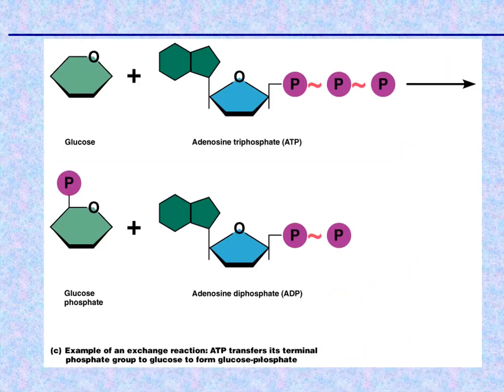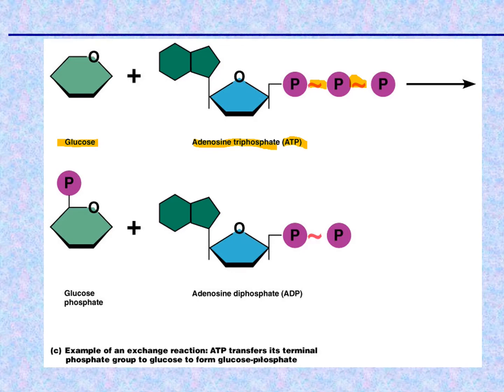Here you see another type of reaction, an example of an exchange reaction. In this case, you have a glucose molecule, and it's reacting with adenosine triphosphate, ATP, which, as I mentioned earlier, is the storage form of the chemical molecule that acts as a chemical storage form for energy in living tissues and cells, because these covalent bonds between the phosphates contain tremendous amounts of energy.